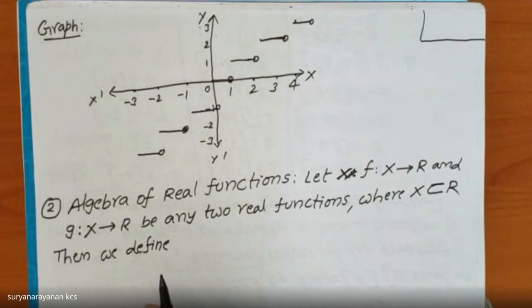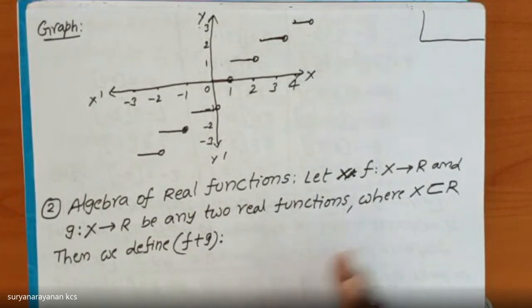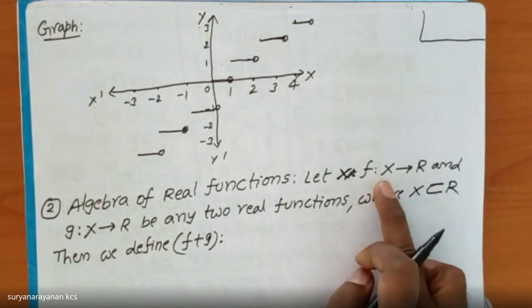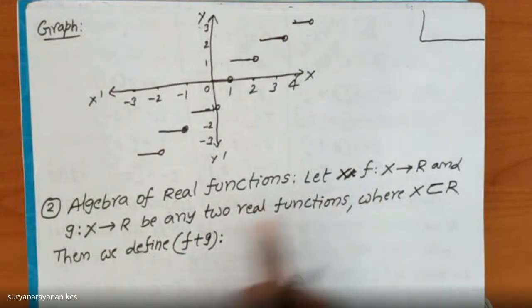f plus g. It is a mapping from, if you observe, domain of the function f is X, domain of the function g also X. Okay, they should have the same domain.